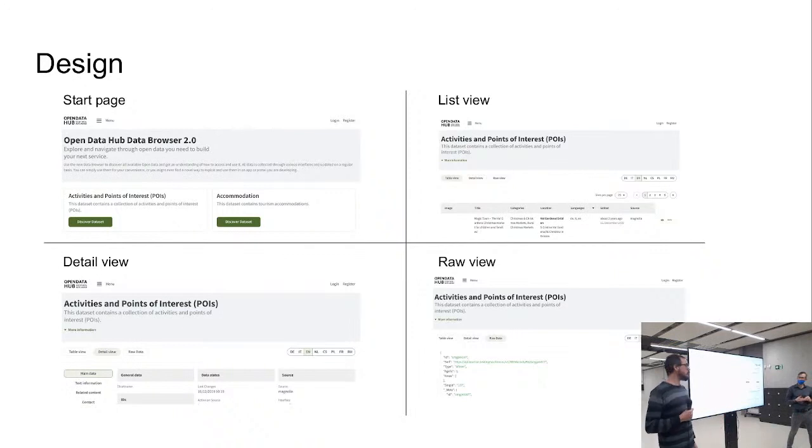You can select, okay, now I'm interested in the details of this data set. You click here on the detail button. Sorry for these two buttons on the table view, they should not be there, but as I said, MVP 1, so there are some bugs. Then you come to the detail view, and there you have other kinds of representation too. But in principle, you can also put a map here.